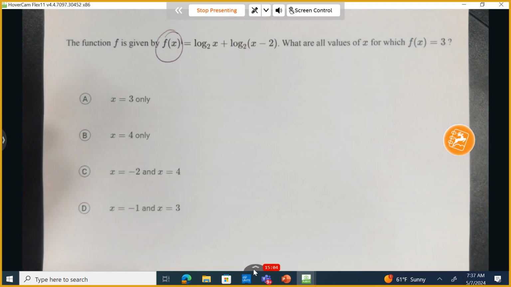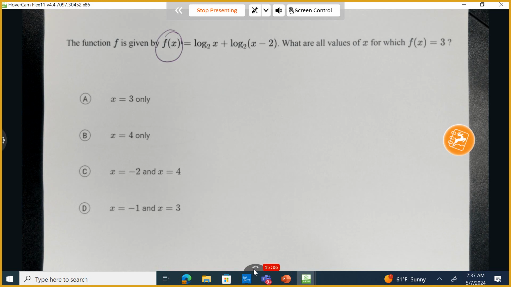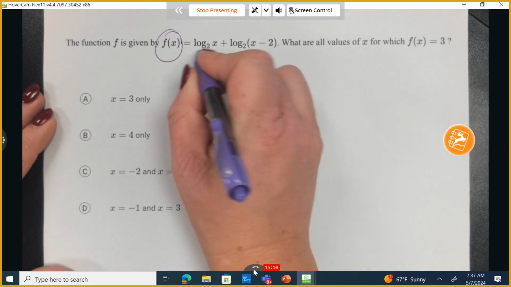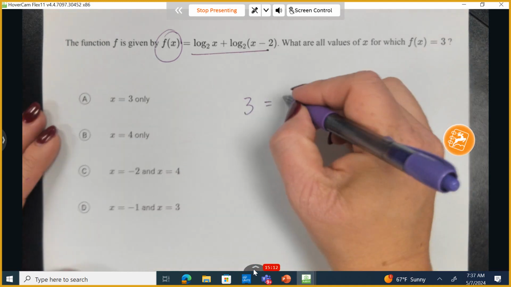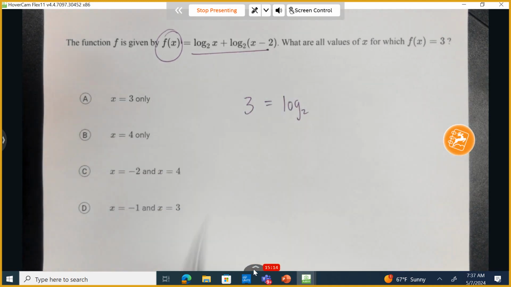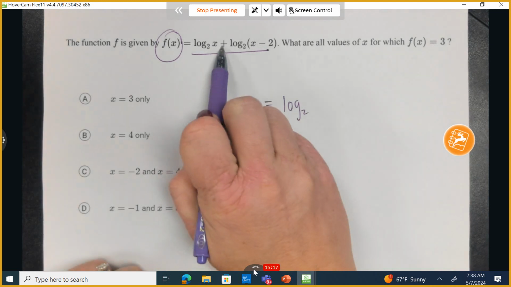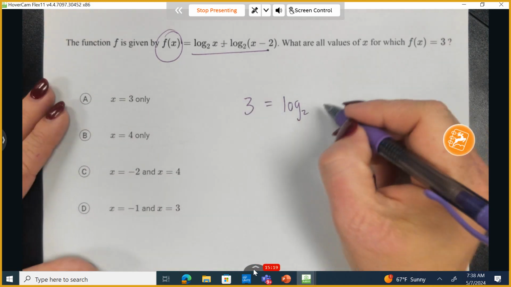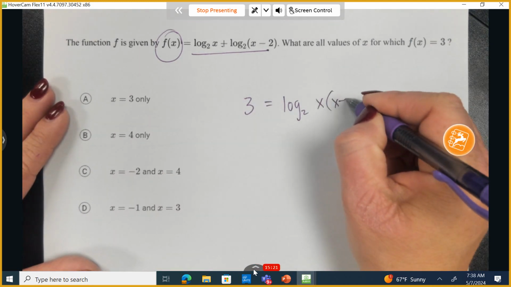I can take f of x, and what can I replace it with? Anybody? 3. Now, this is an expanded form. I want to condense this. Notice they have the same log base 2. And what does addition turn into when we condense it? Multiplying.